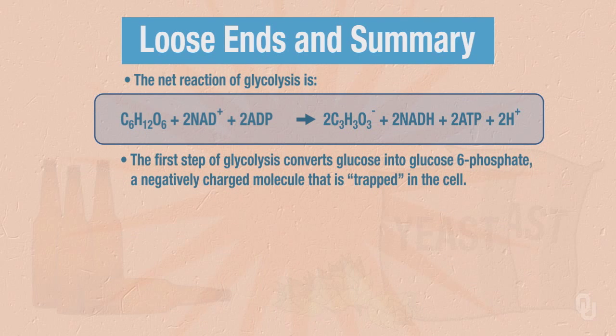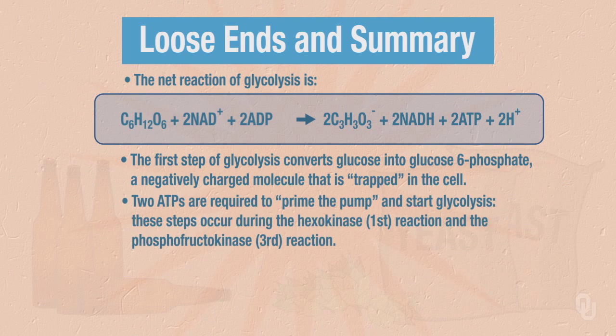We also saw that the first step of glycolysis converts glucose into glucose 6-phosphate, a negatively charged molecule that is trapped in the cell. We learned that 2 ATPs are required to prime the pump and start glycolysis. These steps occur during the first reaction, the hexokinase reaction, and the third reaction, the phosphofructokinase reaction.